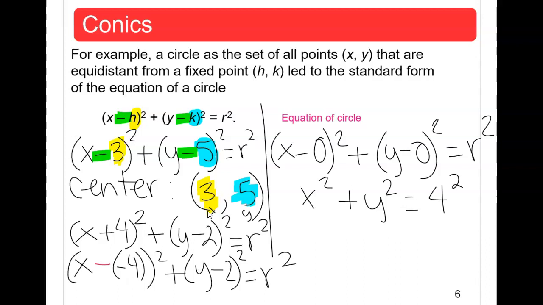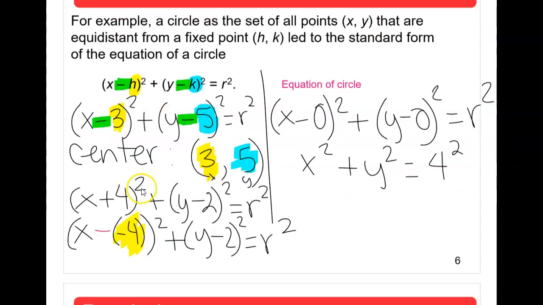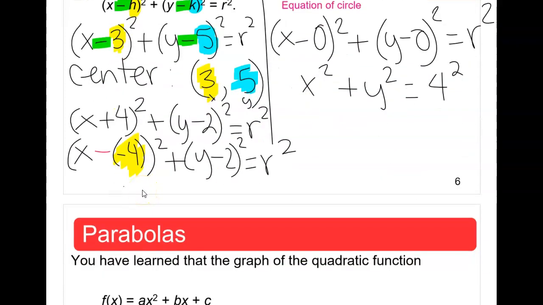So the value for h, it is negative 4. And so for that reason, that particular circle will have its center at negative 4 comma positive 2. So the value for k is just positive 2.